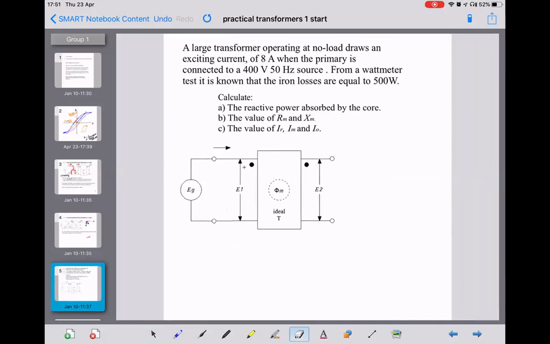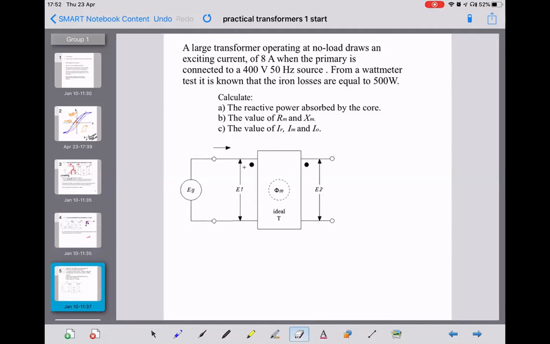So what that's saying is it's taken 8 amps to excite the core, in total, when the primary is connected to a 400 volt, 50 hertz source. From a wattmeter test, it is known that the iron losses are equal to 500 watts.